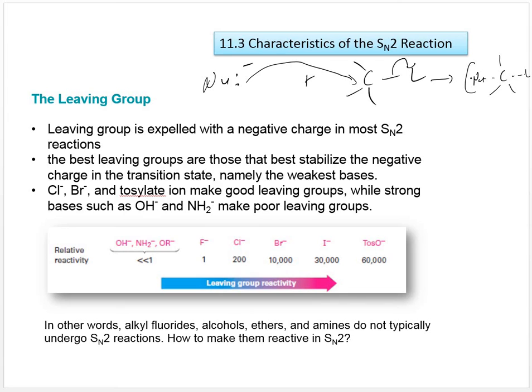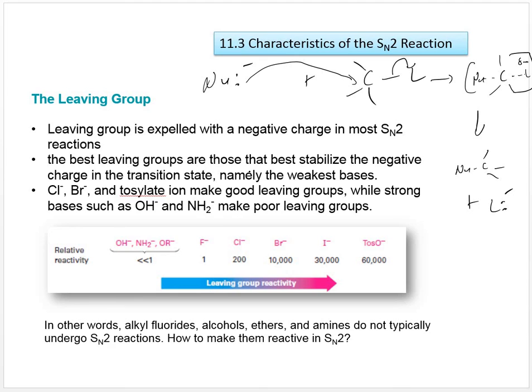The nucleophile loses its negative charge, and the leaving group starts taking these two electrons of the sigma bond, and it has a partial negative charge. Then as the reaction finishes, the nucleophile will be attached here. Inversion, plus the leaving group generally leaves with a negative charge. So what I said here: the leaving group is expelled with a negative charge in most SN2 reactions.